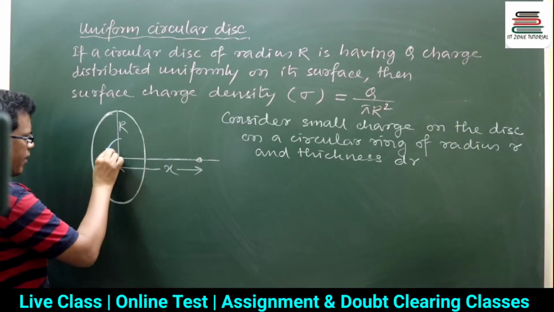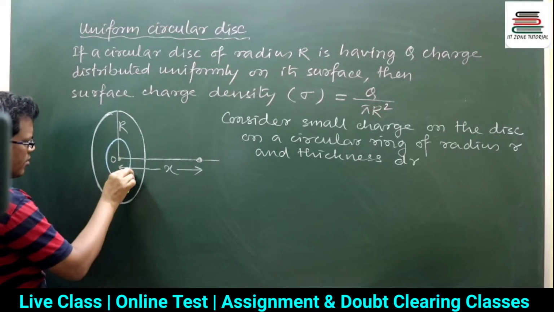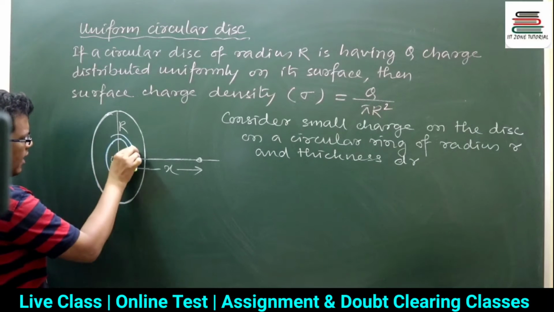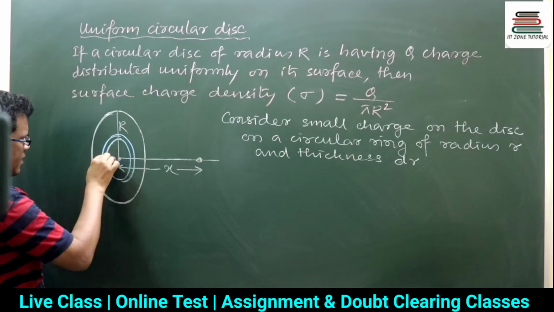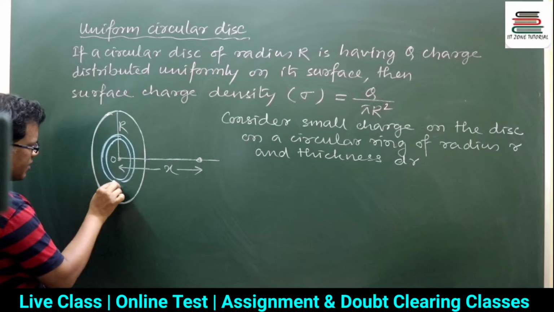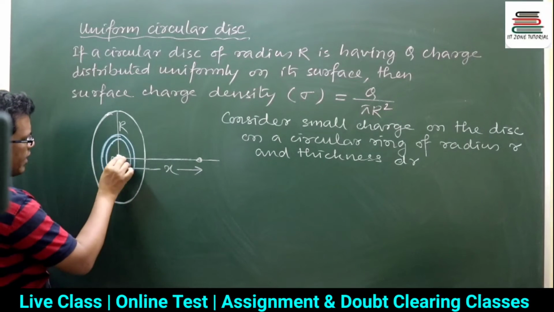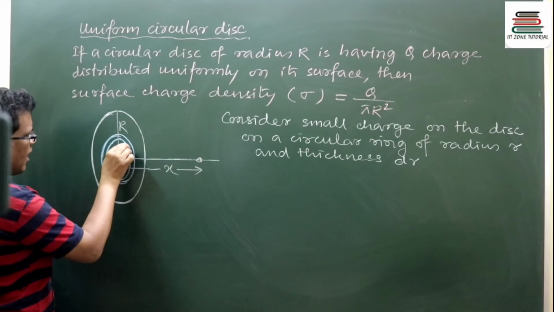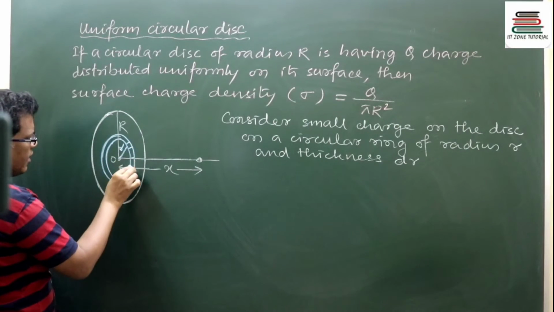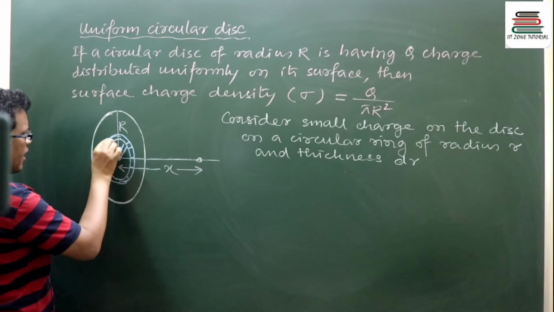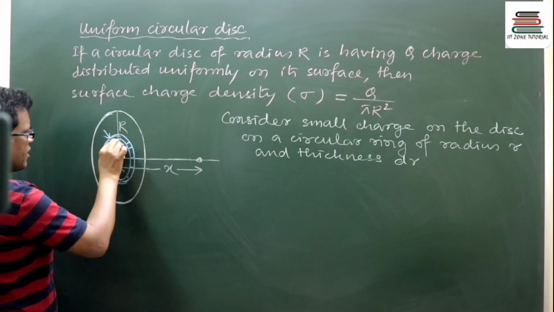You can see if I draw a ring of radius r and of certain thickness, such that this thickness is very small comparing to its radius. This radius is r and this thickness part is dr, right? This part is dr.